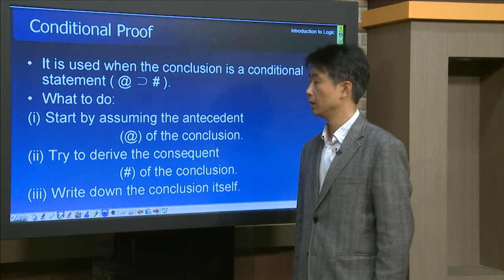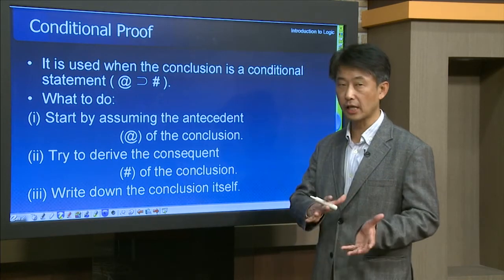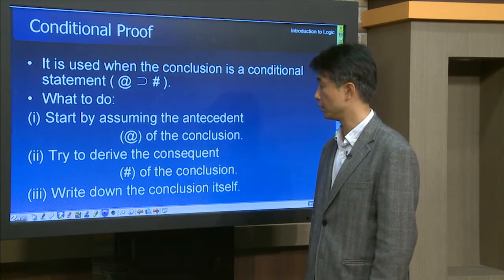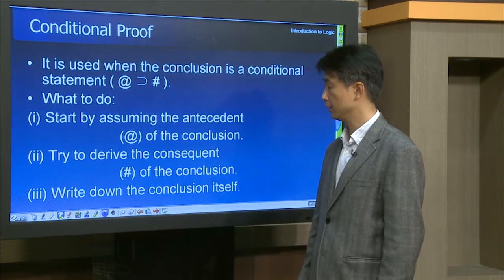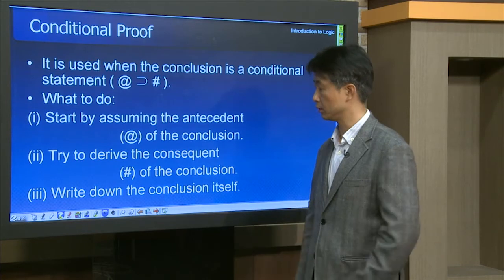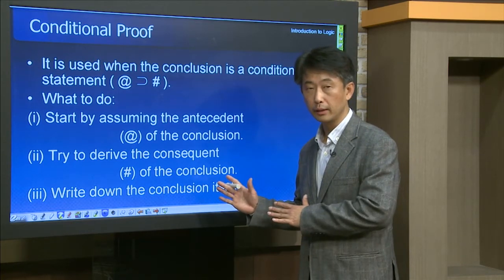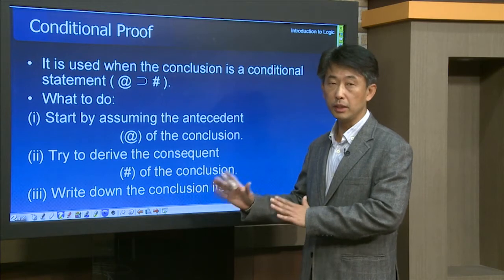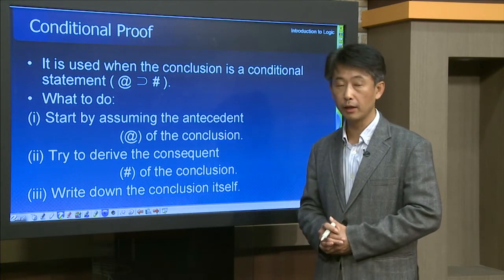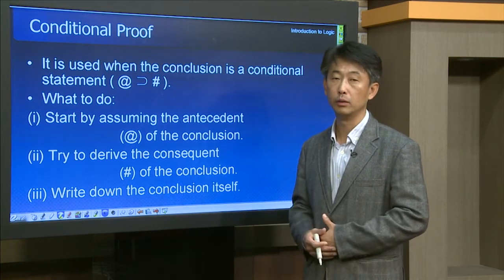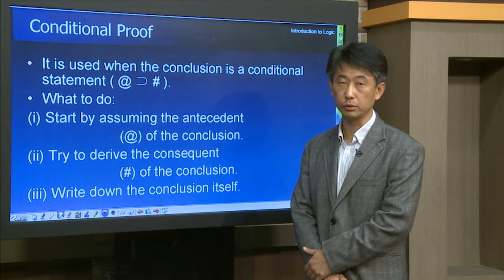Well, first, start by assuming the left-hand side of the conditional statement, and then try to derive the right-hand side of the conditional statement. If you can do that, then immediately you write down the conclusion itself and say, well, I've just derived the conclusion by using the conditional proof.